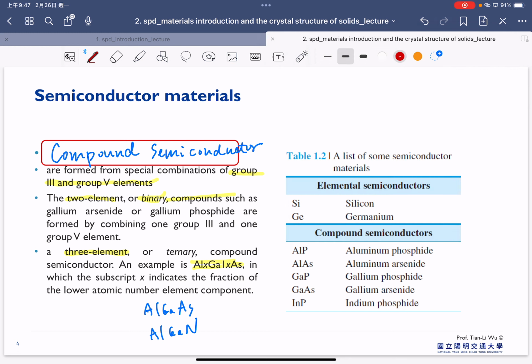For example, we have 0.2, which means 20% aluminum, and here is 0.8. This can also often be seen in aluminum gallium nitride. So this means different fractions of aluminum and gallium.